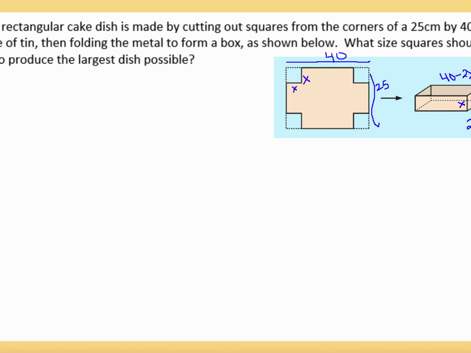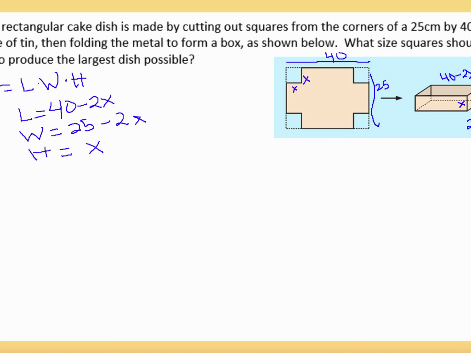Don't forget that volume is our length times width times our height. And in this case, the length is 40 minus 2x. The width is 25 minus 2x. And our height is x.